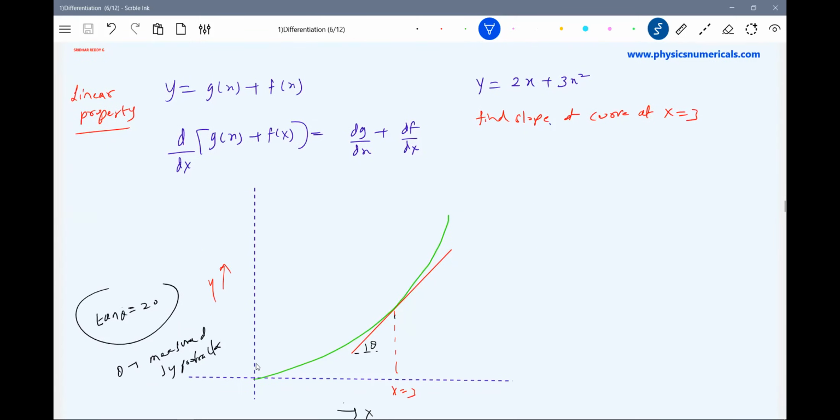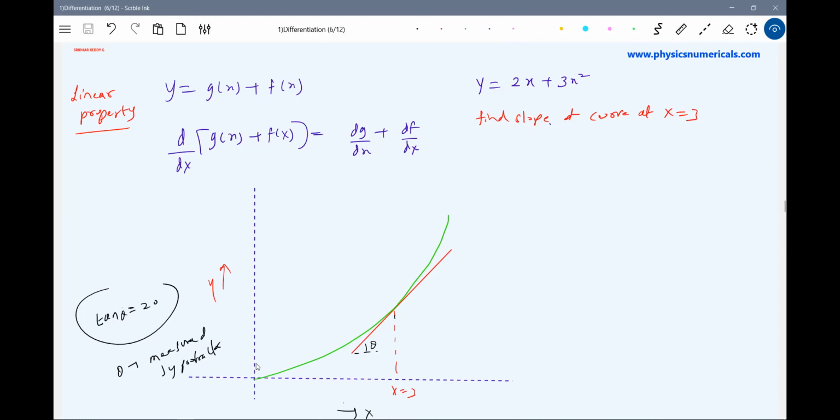Now, if you have two functions, I think this is a linear property, what we can call y equal to g of x plus f. The derivative of that: I'll differentiate this, then I'll differentiate this, and I'll add them up. This is called a linear property. So there's the equation. What is the question asked? Find the slope of the curve at x equal to 3.